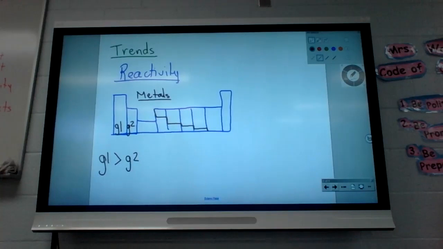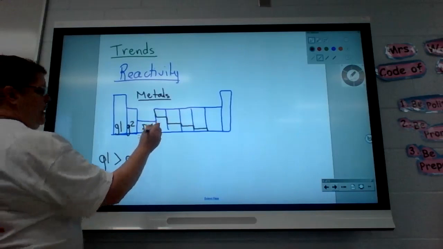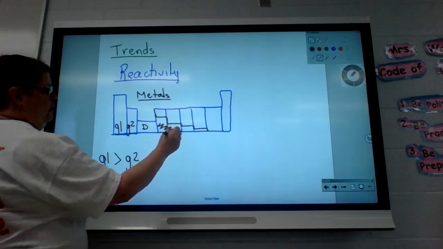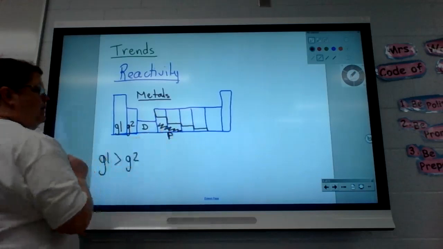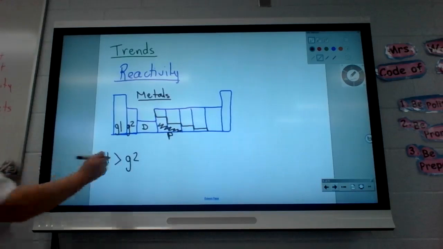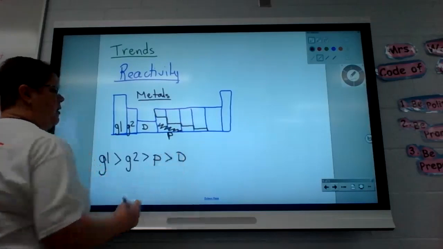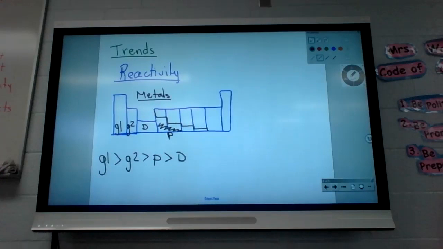We know this is called the D block, right? And these over here are the P block. Who do you think is more reactive, the P block or the D block? So the P block is more reactive than the D block. Because if you were paying attention when we did this a couple days ago, who did I say was the most stable?